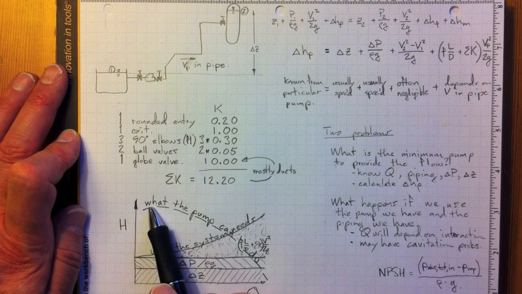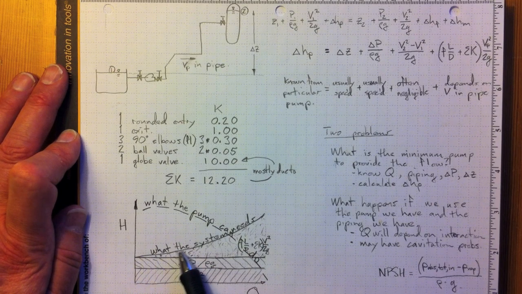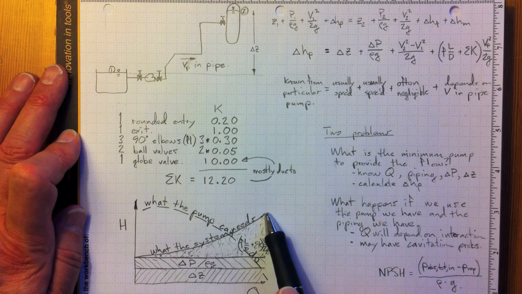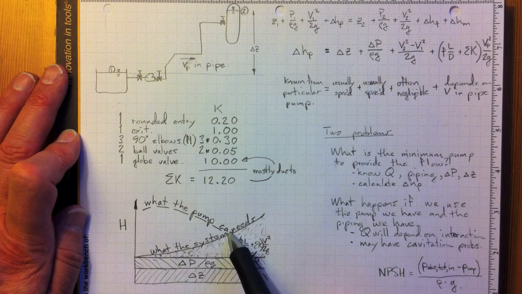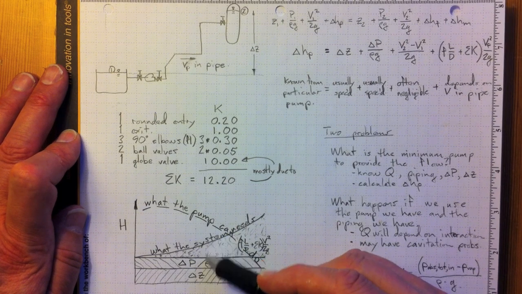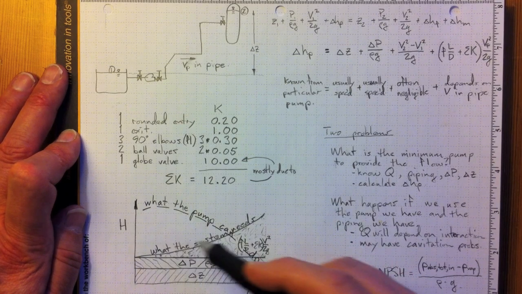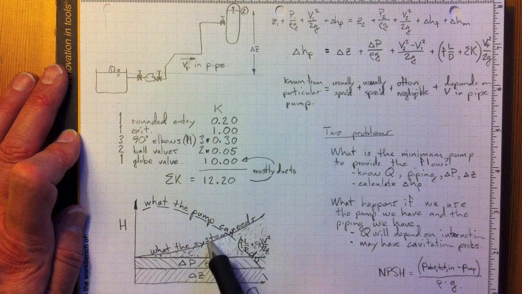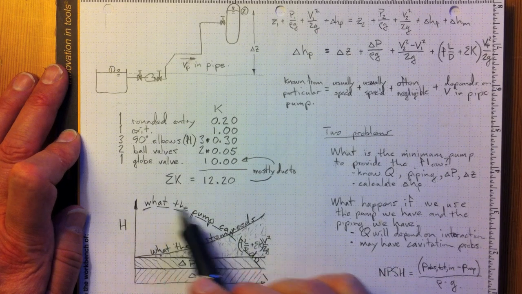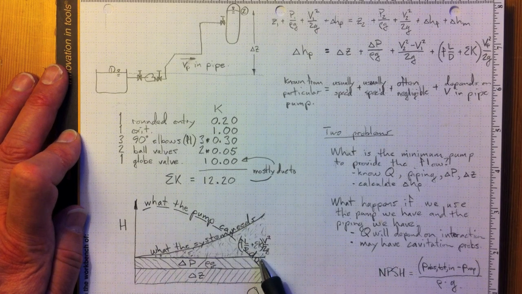So having been told by the manufacturer that this is what the pump can do, knowing from our calculations that this is what we think the system needs from the pump, then where these two intersect is where the system will actually operate. So we might have designed our system for this much flow and said we need this much head for this much flow, and we wound up buying a pump that had extra capacity.